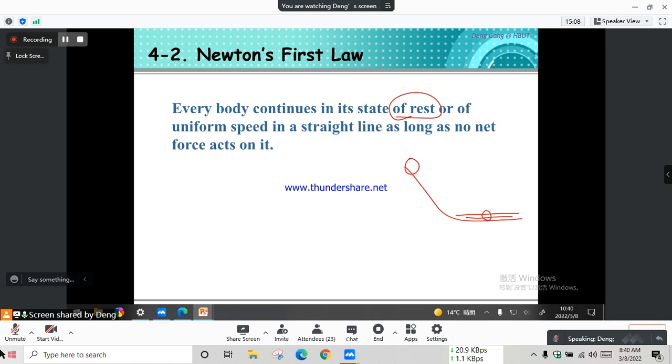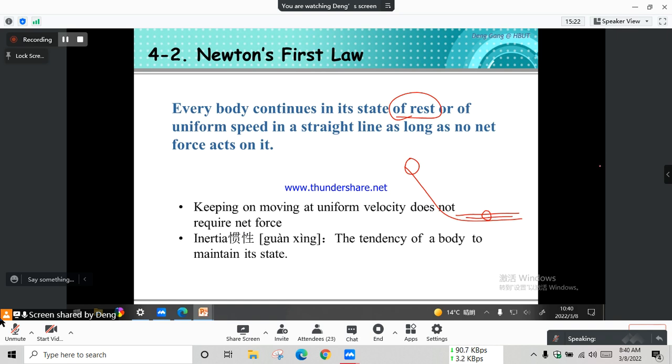So based on Galileo's experiments, Newton generalized the first law. It can keep on moving if there's no force. Keeping on moving at uniform velocity does not require a net force.